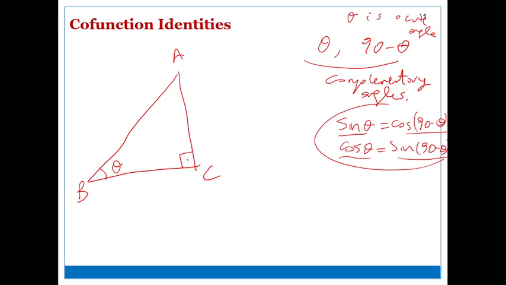Now, what is the opposite side for theta? It's AC. And what is the adjacent side of theta? It's BC. Okay, now, yeah.